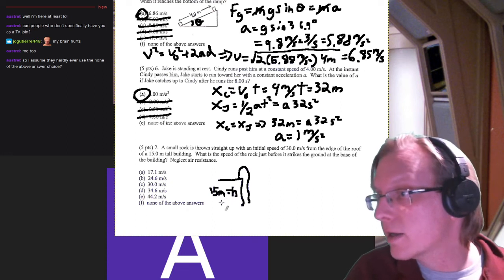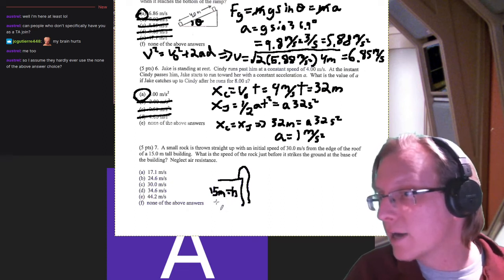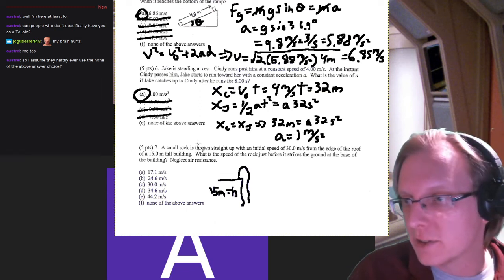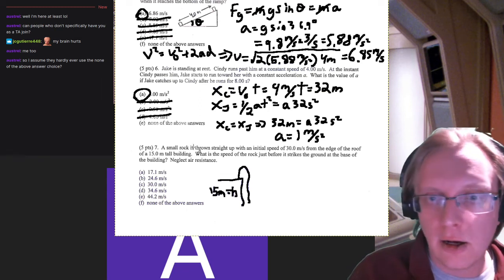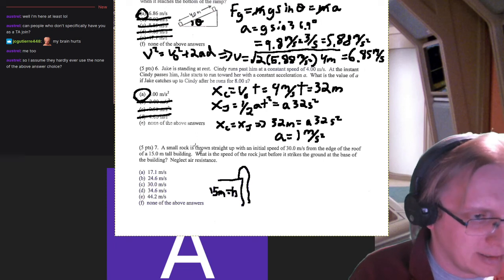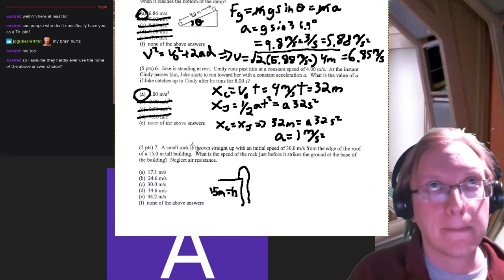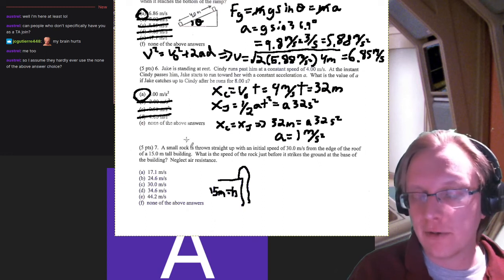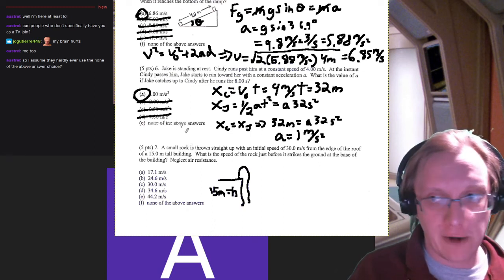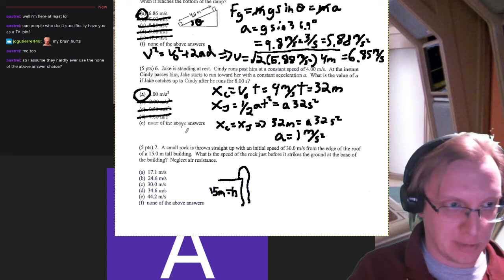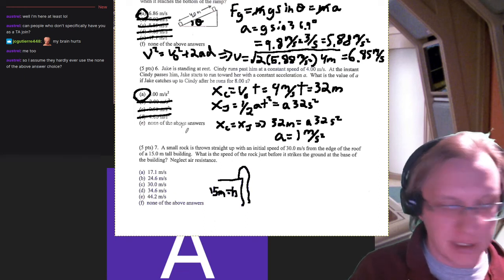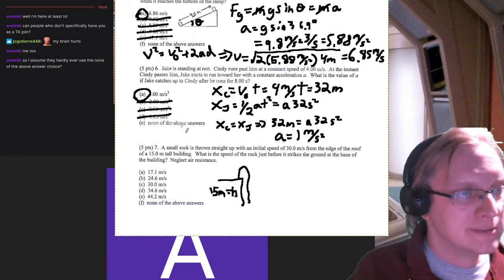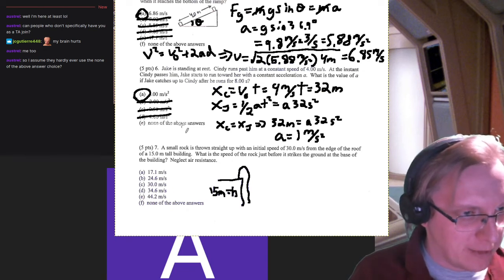So I assume that they hardly ever use the none of the above. It's not a particularly common answer. Dr. Ford never does the none of above. If I were to do this, I would pick one question to be none of the above. But none of the above is there basically to catch any error that was not accounted for.